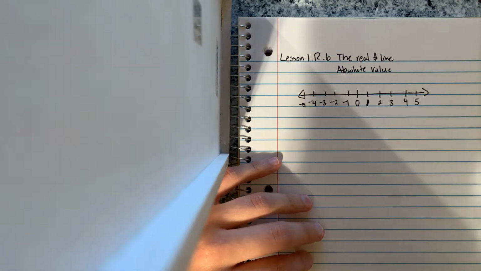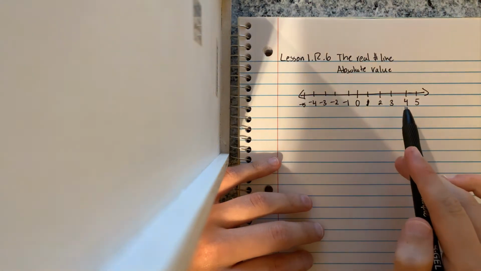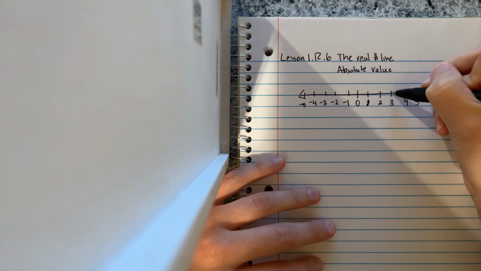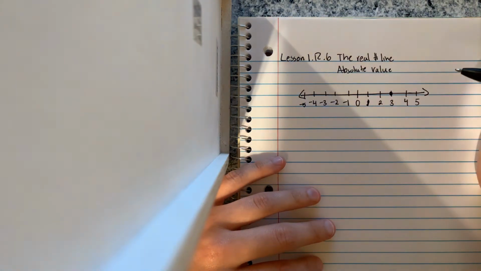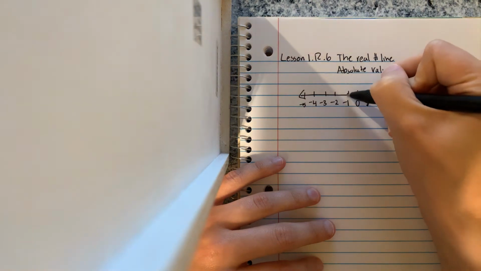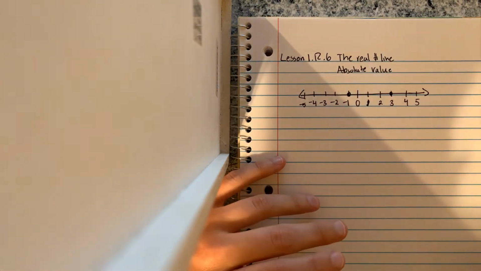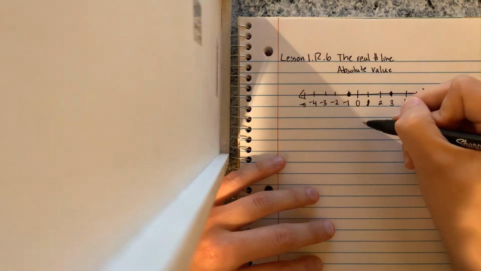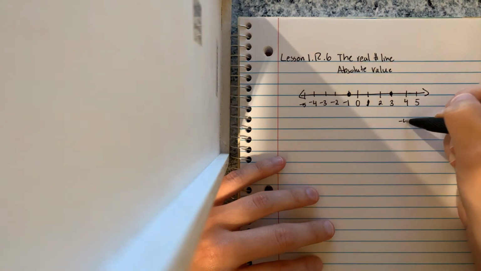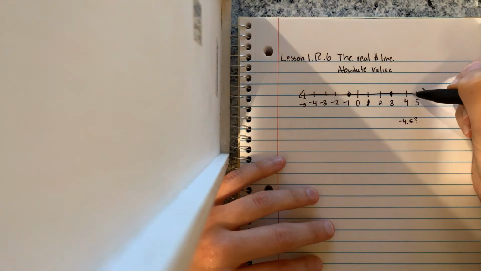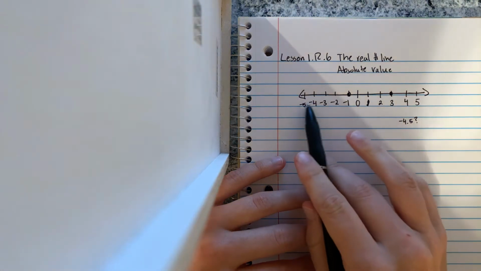Just because some of these numbers are labeled doesn't mean that they're the only numbers on here. Like, we can have a point on +3 here. We can have a point here on -1. We could also have decimal points, like if we wanted to know where, let's say, -4.5 was. Well, we would know that that would have to be halfway between the 4 and 5 on the negative side.